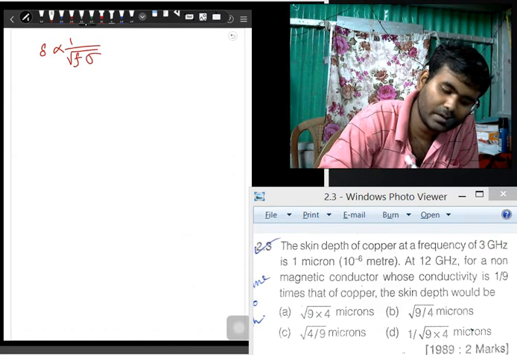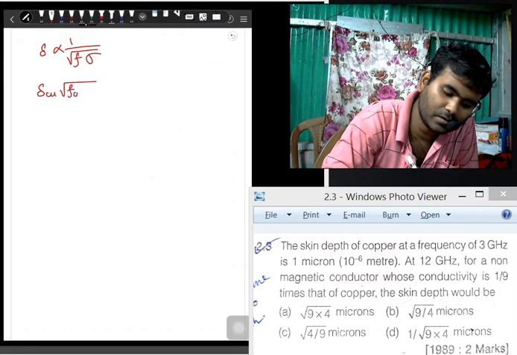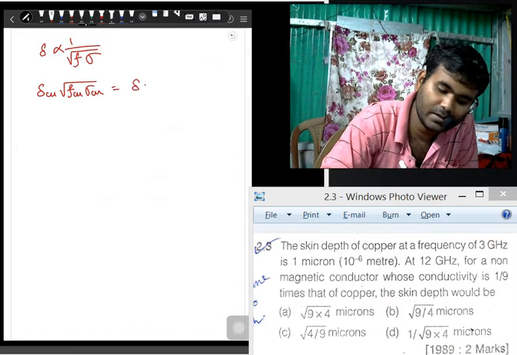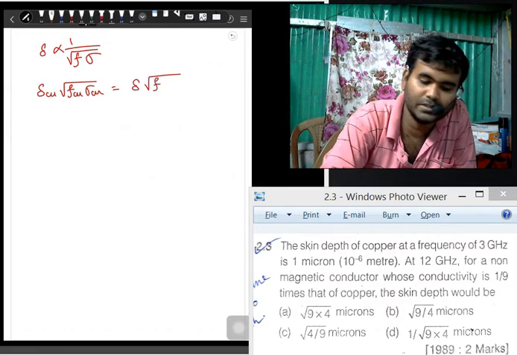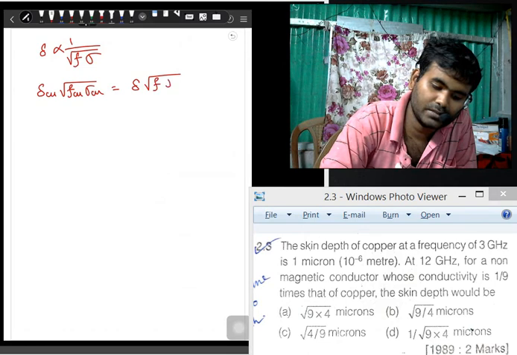So you can write delta copper times under root of f copper sigma copper equals delta of that material times under root of the frequency of operation and its sigma.